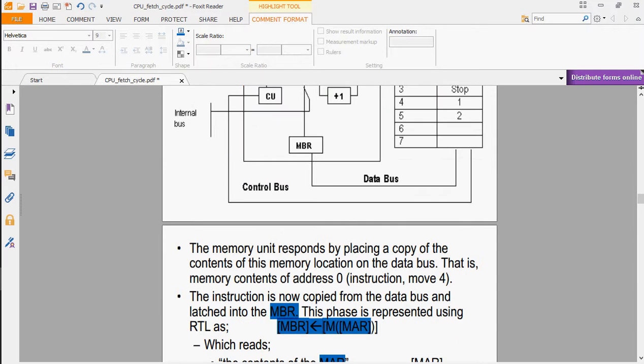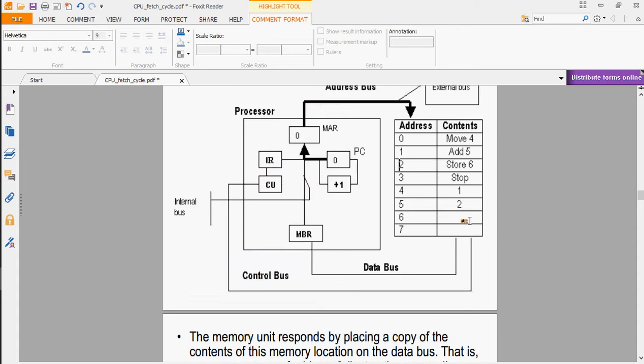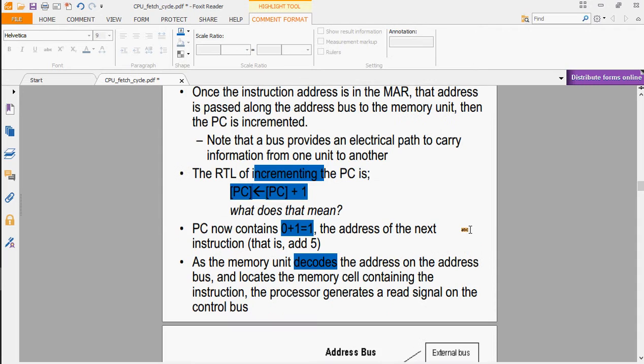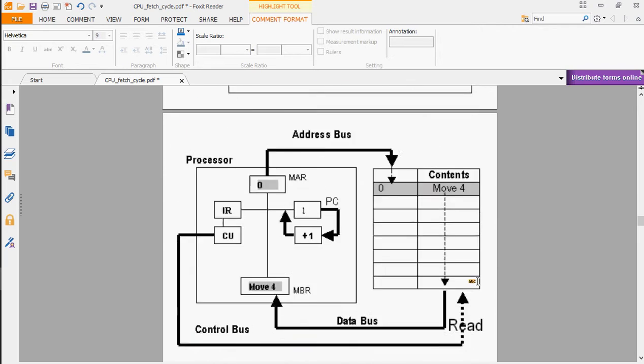If you can understand the stuff here, then you're great. Okay, that is what I was trying to check.